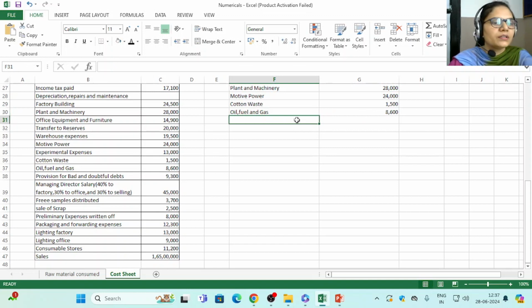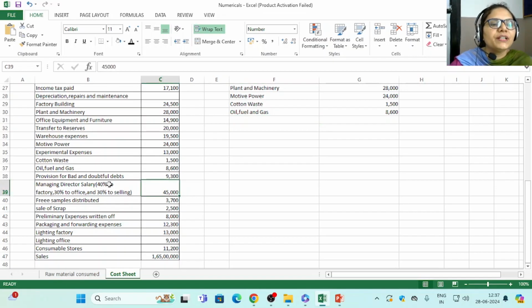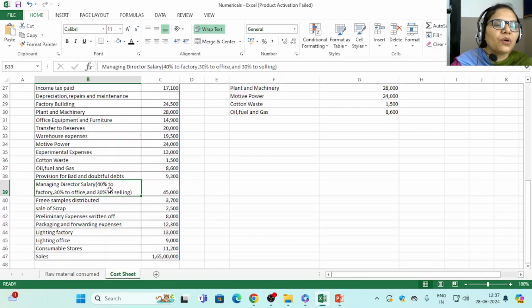Next is your managing director's salary. Managing director's salary is a total of 45,000, but it is mentioned in the question that out of the total salary of the managing director, 40% belongs to the factory.